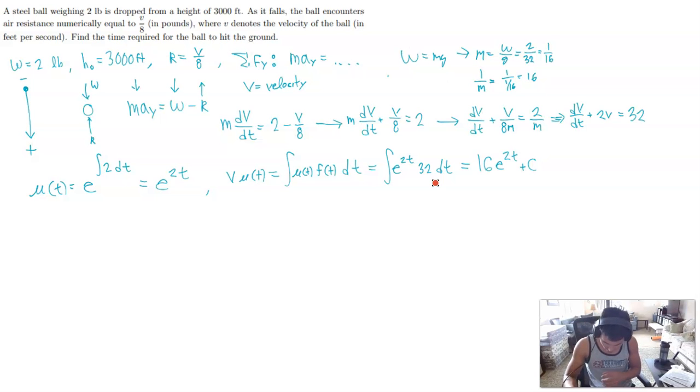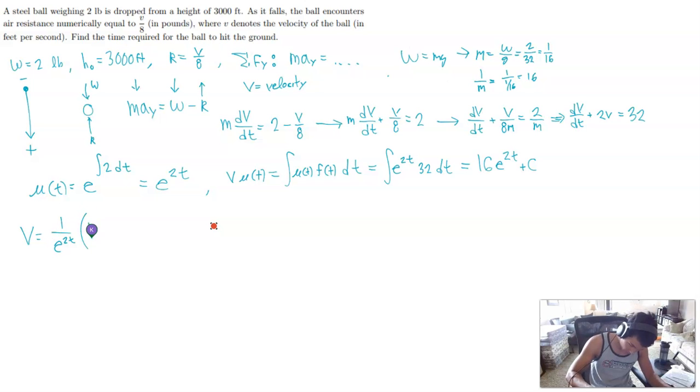Okay, so we want to find v, and v is equal to this thing divided by mu of t, and mu of t is e to the 2t. So we get 1 over e to the 2t times 16 e to the 2t plus c. So what we get is 16 plus c e to the negative 2t.